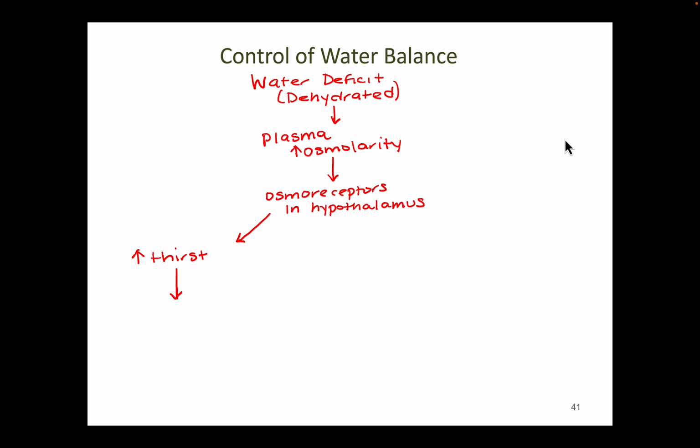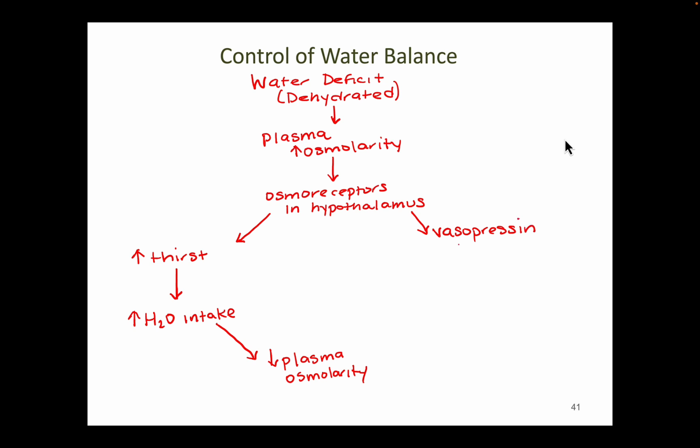In response, we will ideally increase our water intake. We'll drink more. And as we consume water, we will decrease our plasma osmolarity, or we'll dilute our plasma, bringing the plasma osmolarity back down. Now, at the same time, these osmoreceptors will communicate with the posterior pituitary to release vasopressin.